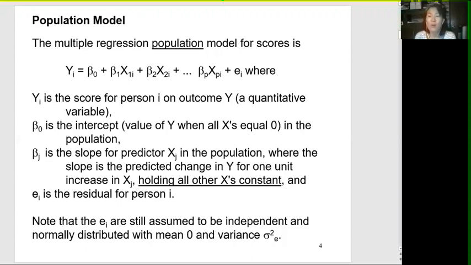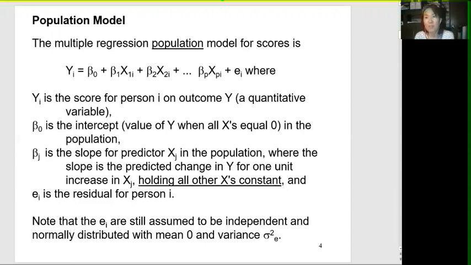Also, for the estimated model, you have to use Y hat instead of Y. Do you remember the question in the midterm exam? Also, I was asking, identify the parameters and components in the model.